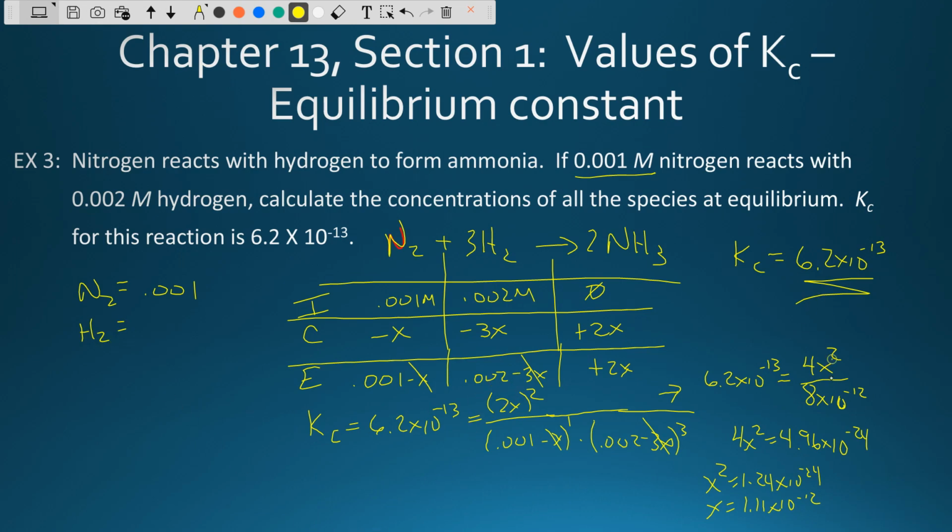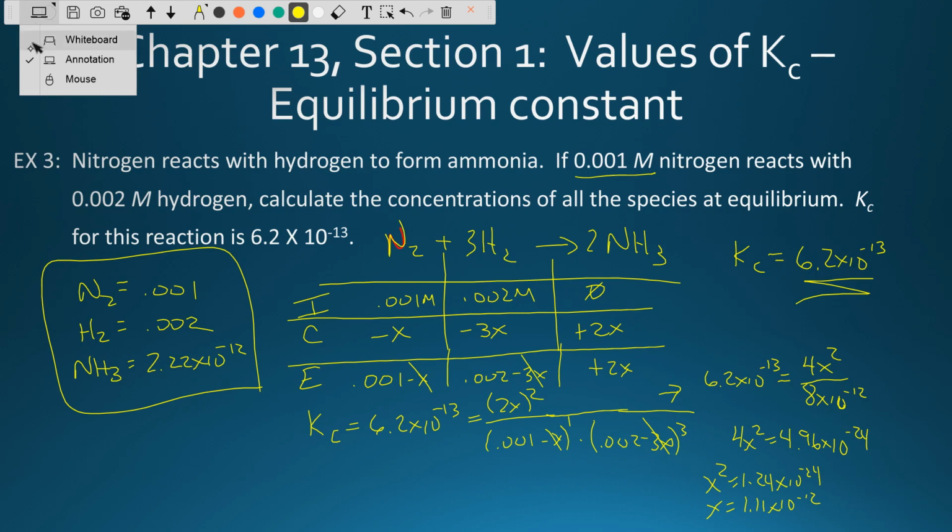Well, 3 times 1.11 times 10 to the negative 12 is still pretty close to 0.002, isn't it? And so lastly, I have my ammonia. I can't cancel that out because it's going to be basically 0, but I still have to provide a value there. That ends up being 2.22 times 10 to the negative 12th. Again, not very much in there, but that provides me with my concentrations at equilibrium.